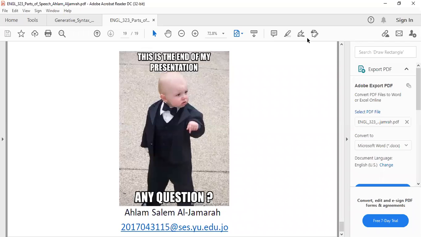So next time, inshallah, Rawia will be presenting. I want to share this with you. Rawia will be presenting open versus closed, lexical versus functional.